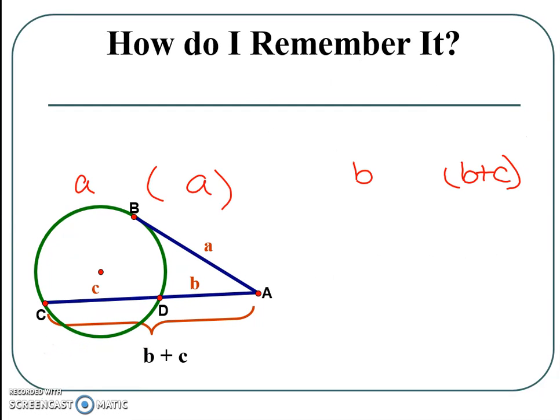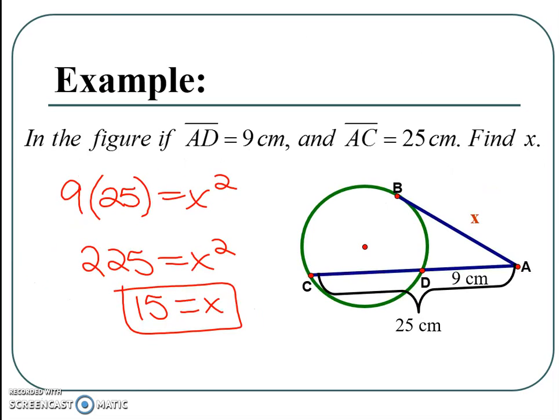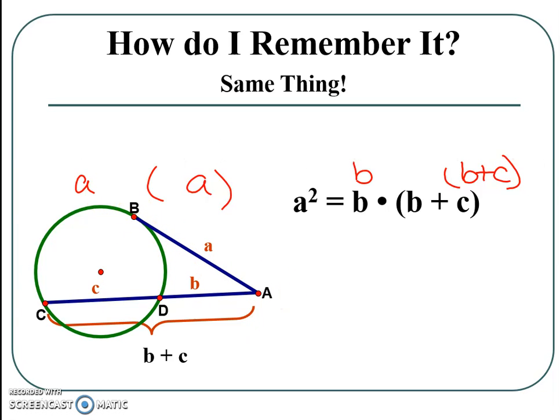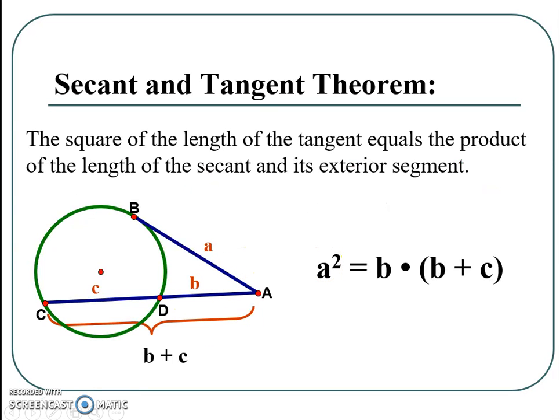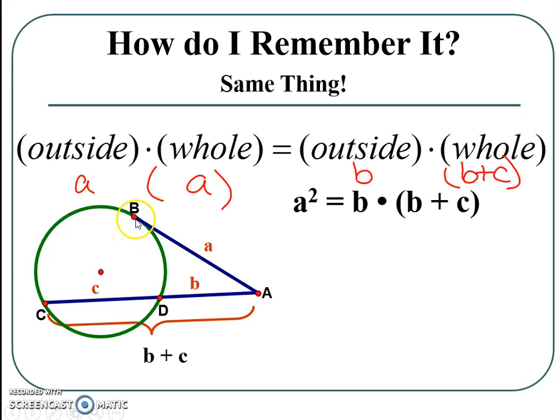How do I remember it? Same thing. Outside whole, outside whole. If you look here, it's A squared, which means A times A, right? So A squared is A times A, equals outside times the whole thing.